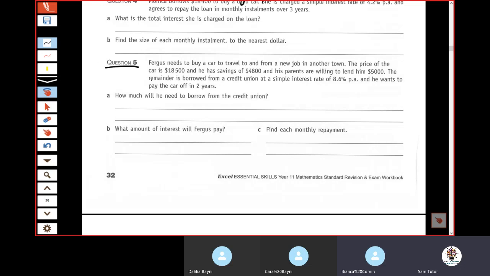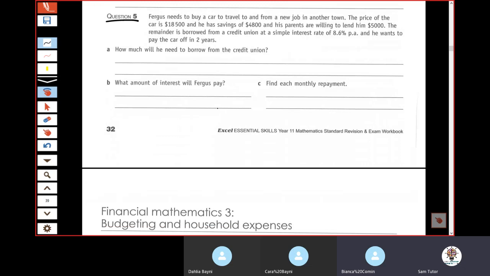Okay. Question 5. Have a read. Again, I'll give you a few minutes. If you get stuck with a bit of it, just talk to me and I'll tell you if you're going in the right direction.